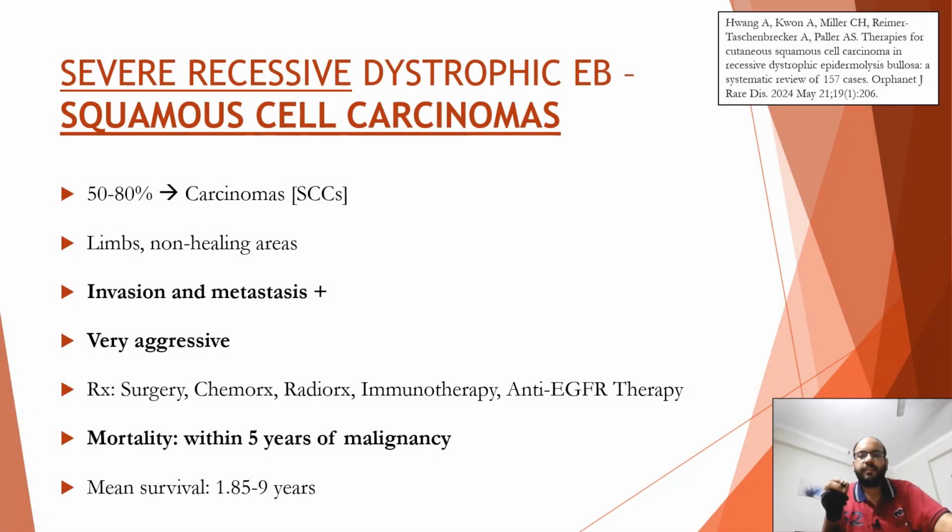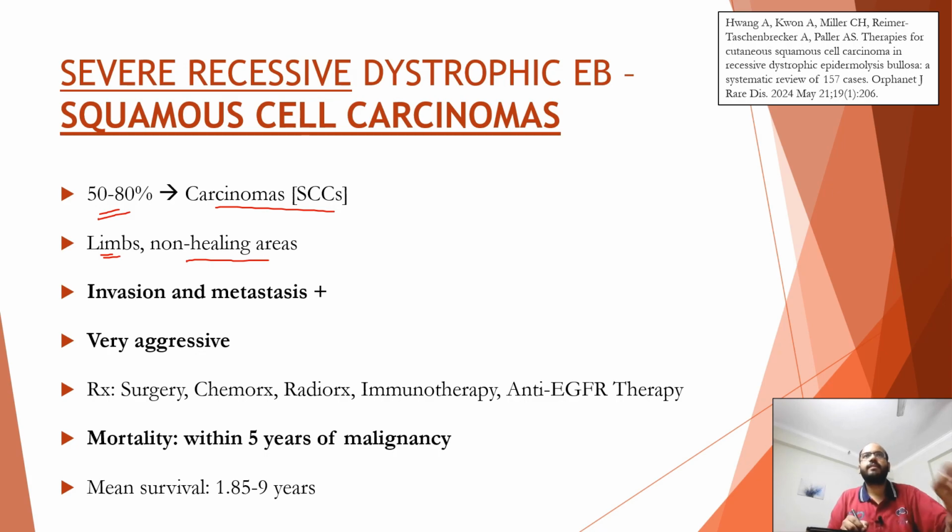So severe recessive dystrophic EB is associated with a lot of squamous cell carcinoma. About 50 to 80% will develop some kind of carcinomas, and most common of them are SCCs. Usually they occur on limbs and non-healing areas.